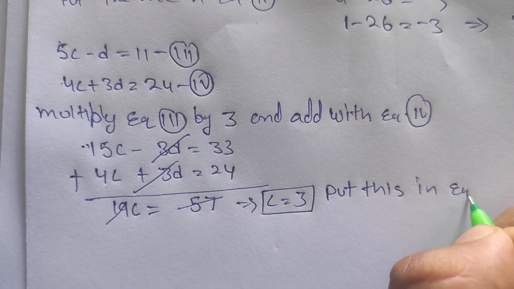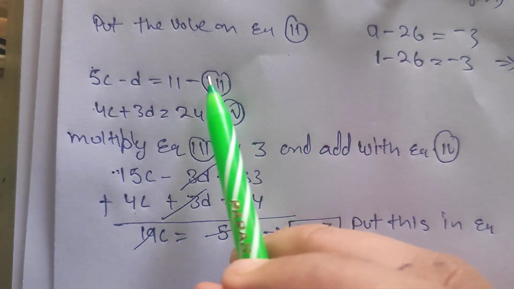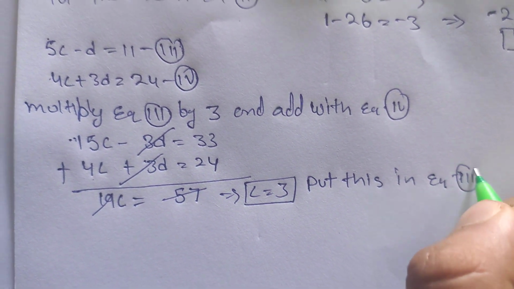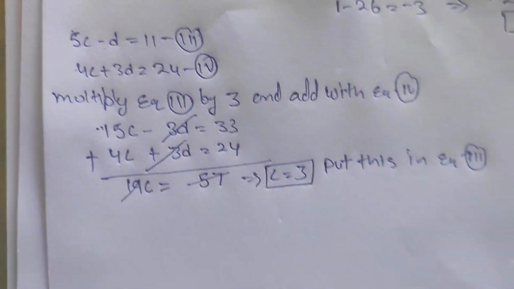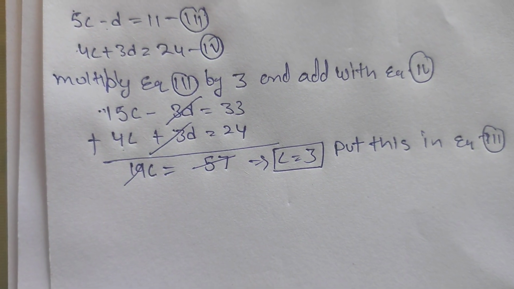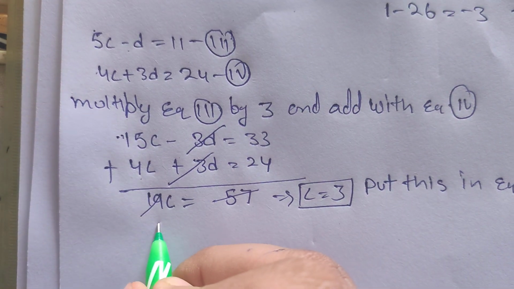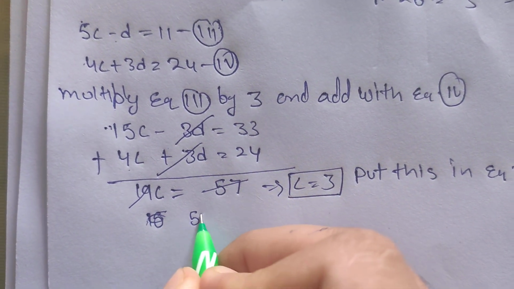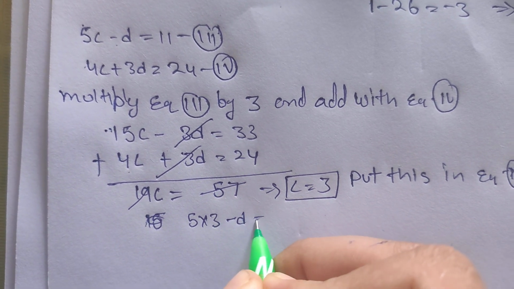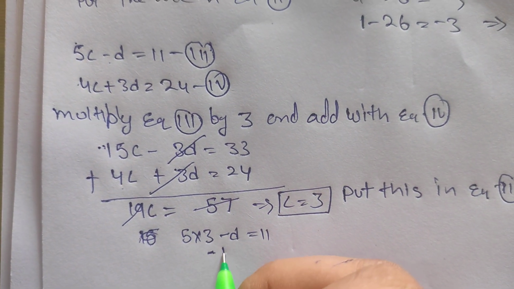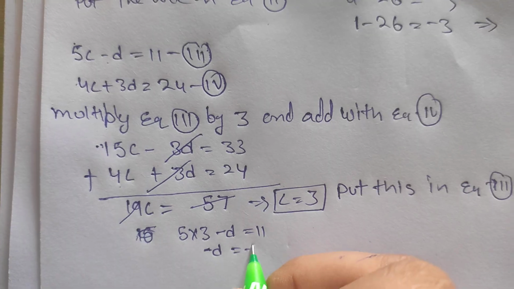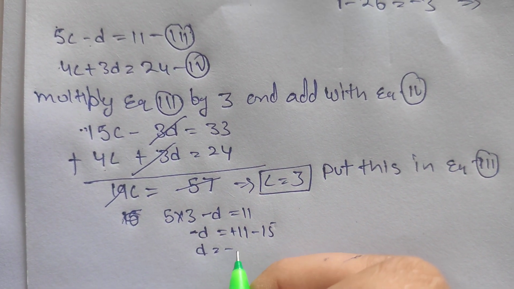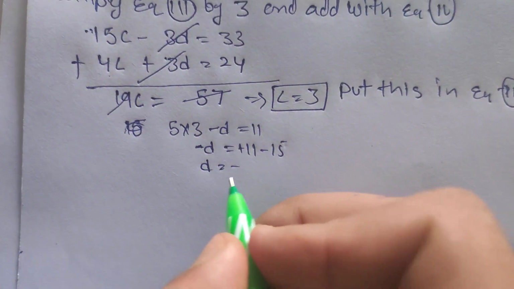Okay, and put this value in equation 3. We get 5 into 3 becomes 15. So 5 into 3 minus d becomes 11. So minus d equals 11 minus 15, so d becomes what?